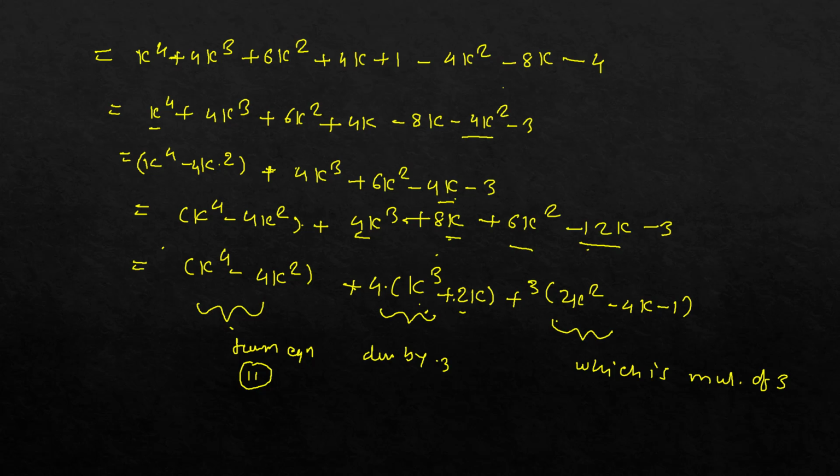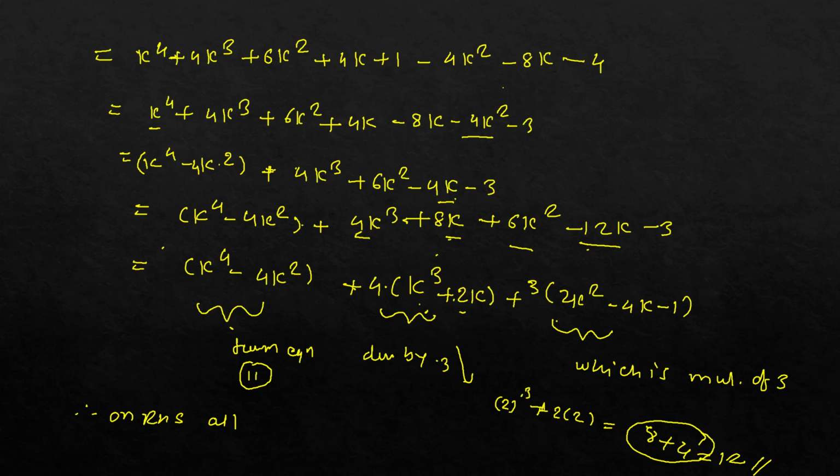If we put k is equal to 2, we get 2 cube plus 2 into 2, so we get 8 plus 4 is equal to 12, which is again divisible by 3, right? So on RHS all the terms are divisible by 3. Therefore on RHS all terms are divisible by 3.